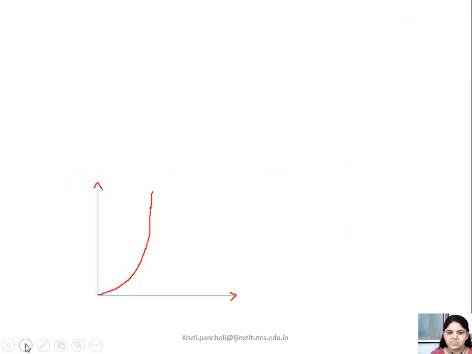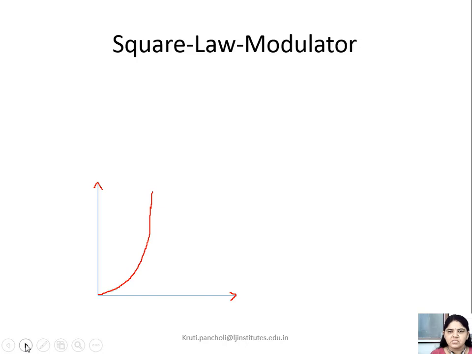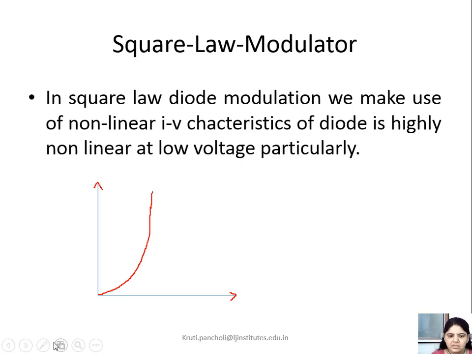Here we can see in this diagram the VI characteristics of the diode. This is the voltage, this is the current.